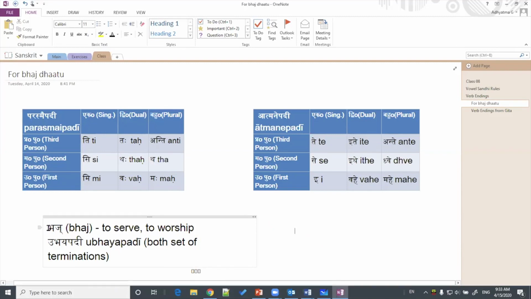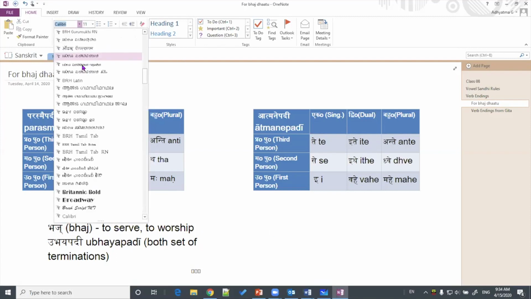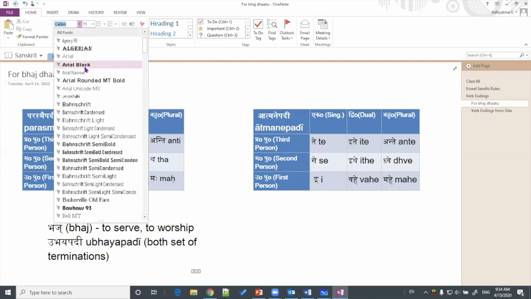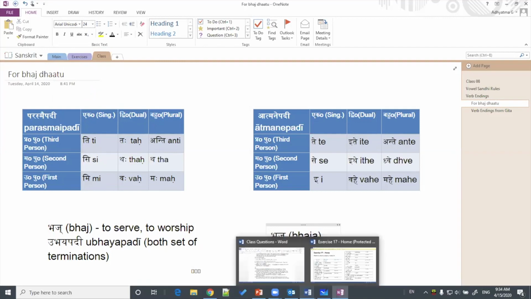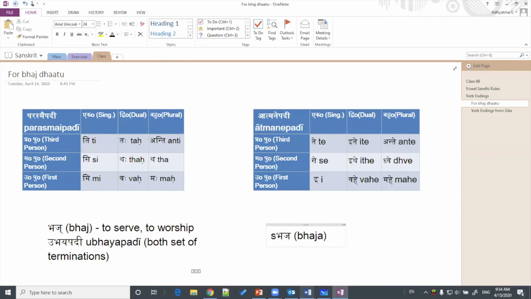I just want to show you that this becomes the stem, bhaja. Bhaja becomes the stem.